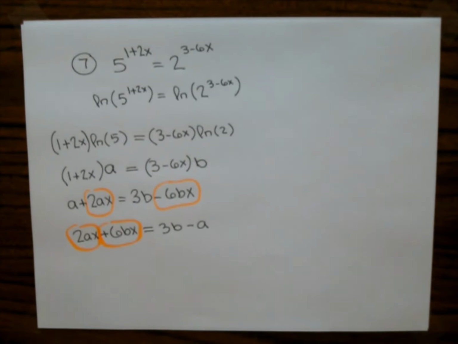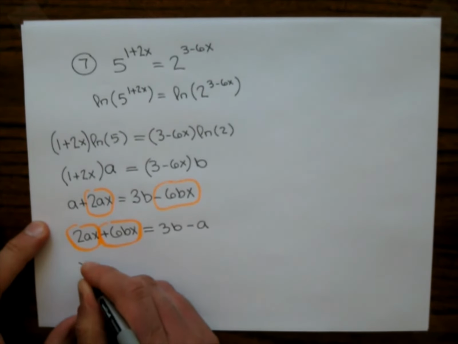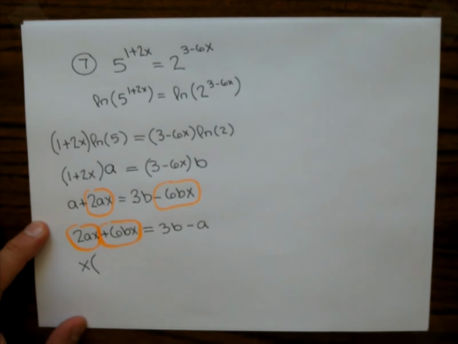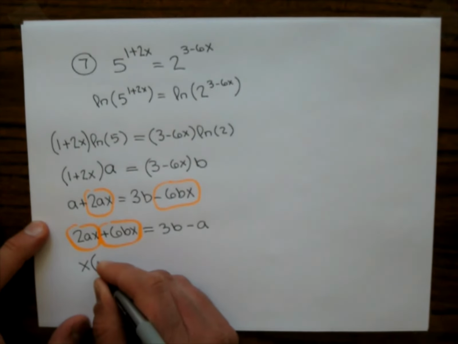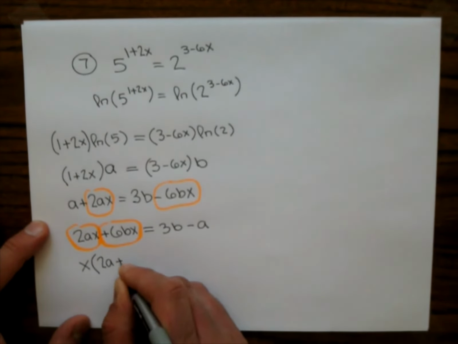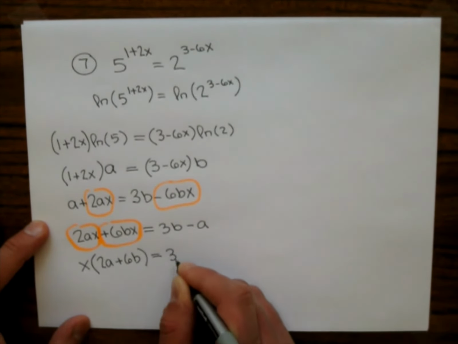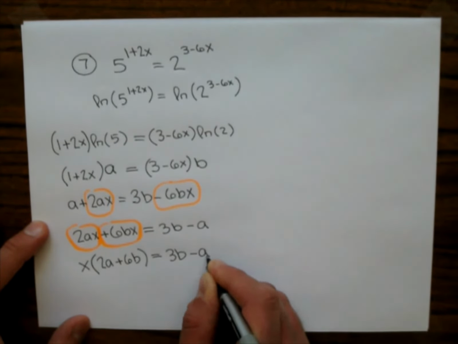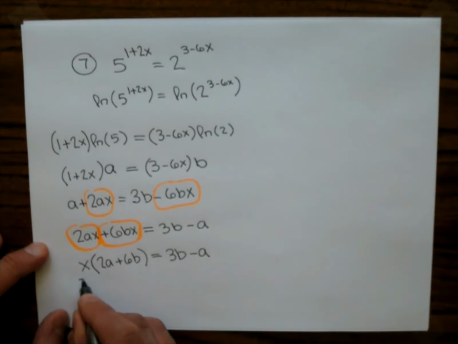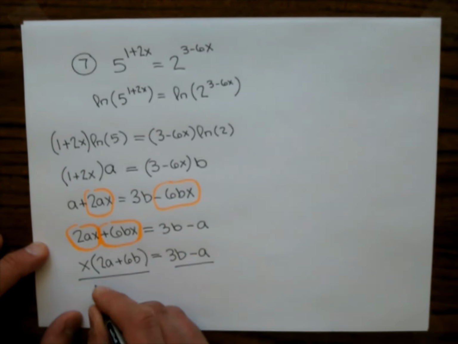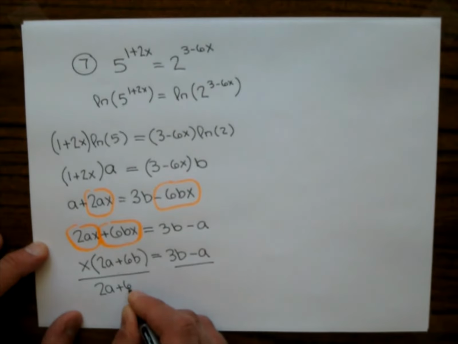So now I have all my x terms on the left-hand side. I'm trying to solve for x, so I'm going to factor out an x. Then I'm going to divide both sides by 2a plus 6b.